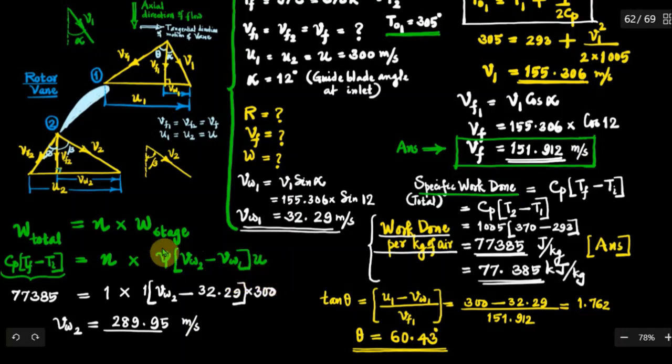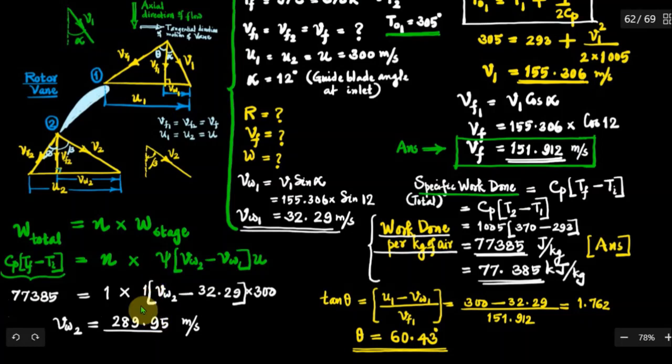If you multiply that by psi, the work factor, you will get the actual work done per stage per unit mass of air, multiplied by number of stages, equal to Cp into T final minus T initial, which we just now calculated as 77,385 joule per kg. Here you assume that number of stages is equal to 1, and psi is not given, so assume that it is 1.